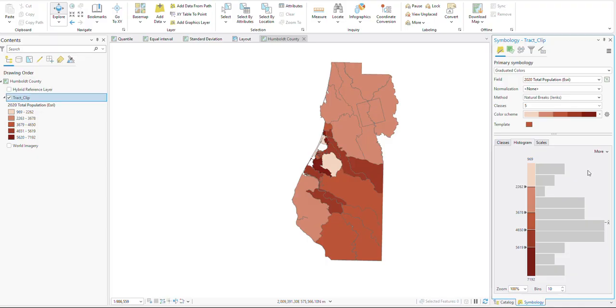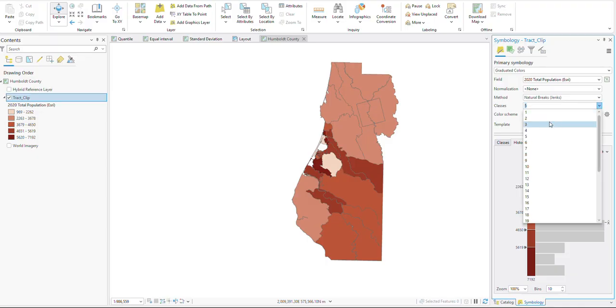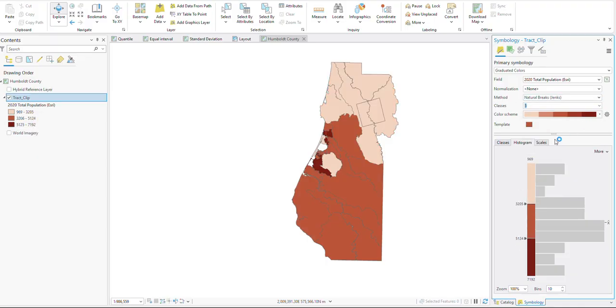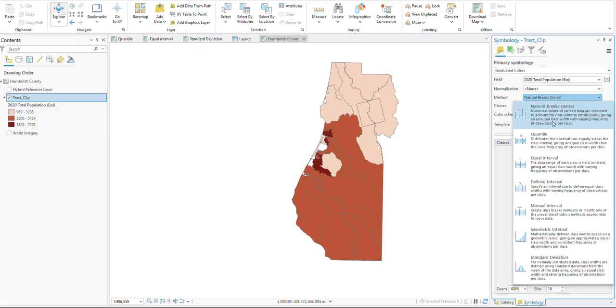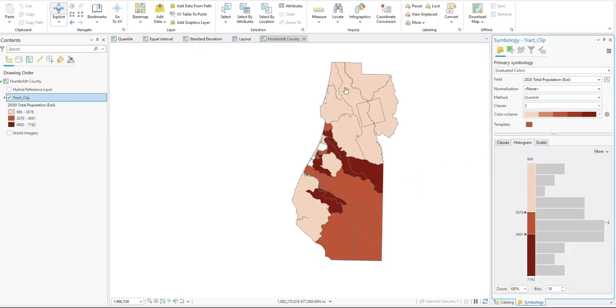Okay, and if we look at raw counts here, we could change this to 3 classes, for instance, and we could change this to quantile. And now what we're essentially getting is a map of census tracts that show low, medium, and high values of population.